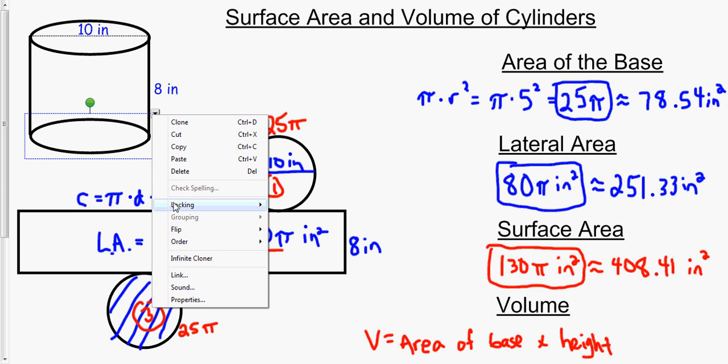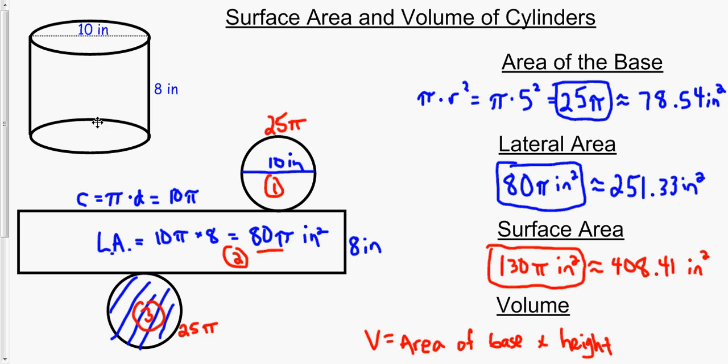Here I'm going to use this thing called infinite cloner, and I can take this circle and create a new one. So imagine there are a bunch of slices on this cylinder, and this is going to keep going all the way up. If you can find the area of the bottom one and multiply it by how many slices there are, in this case there'd be 8 of those. So you do the area of the base times 8 slices, and that gives you the total volume. That's how much stuff this thing holds.